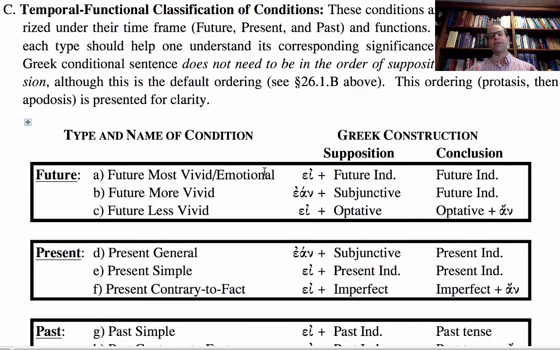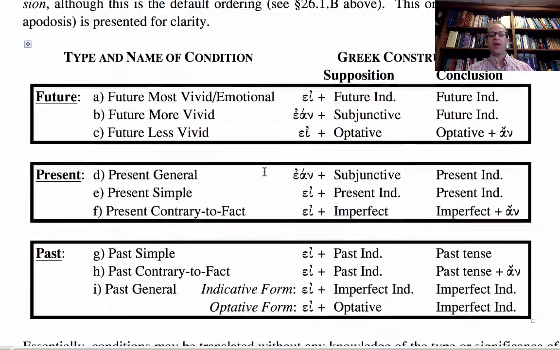You've got present conditions, conditions that are cast in present time, and then you have past conditions, that is, conditions that are marked for remoteness of time, past time, and these each have different constructions. I've summarized these constructions here. This is like a handy, go-to chart for looking at constructions that are conditions. By looking at this chart, you can quickly ascertain what kind of condition you're looking at.